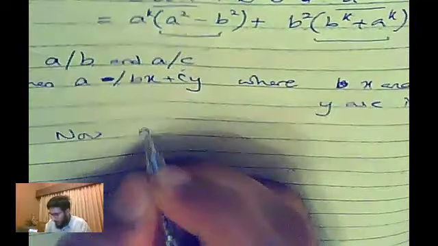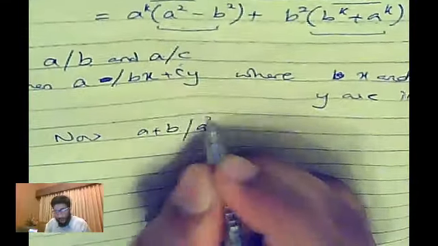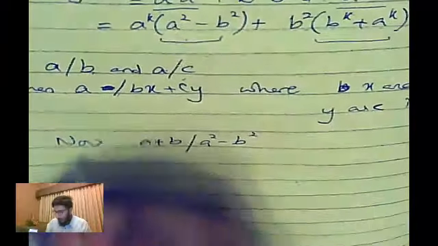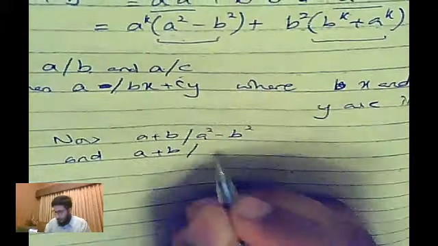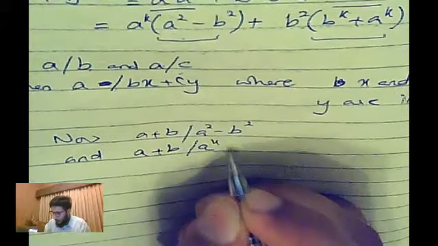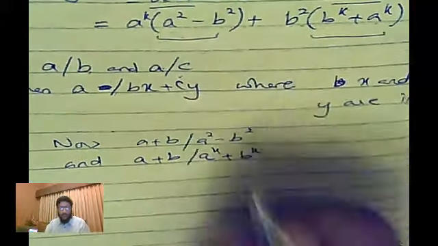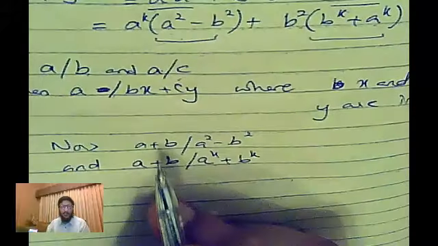Now a plus b should divide a squared minus b squared, and a plus b should divide a power k plus b power k. That's what all this is about.